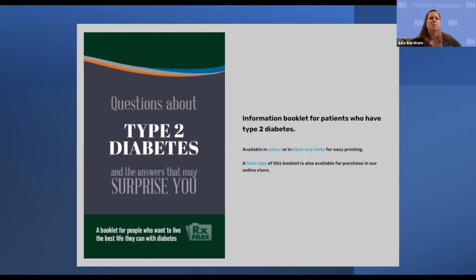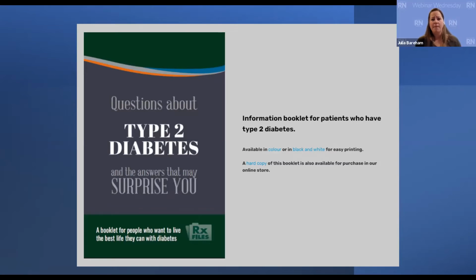And so I've got the type 2 diabetes one up here, but we have a variety of topics around harm reduction and injecting drugs, around buprenorphine, naloxone, or Suboxone for chronic pain, around benzodiazepines and sleep or anxiety. We have crystal meth coming, alcohol use disorder, many booklets. And these are open access. You could email them to your patients. You can print them off. You can see color or black and white.